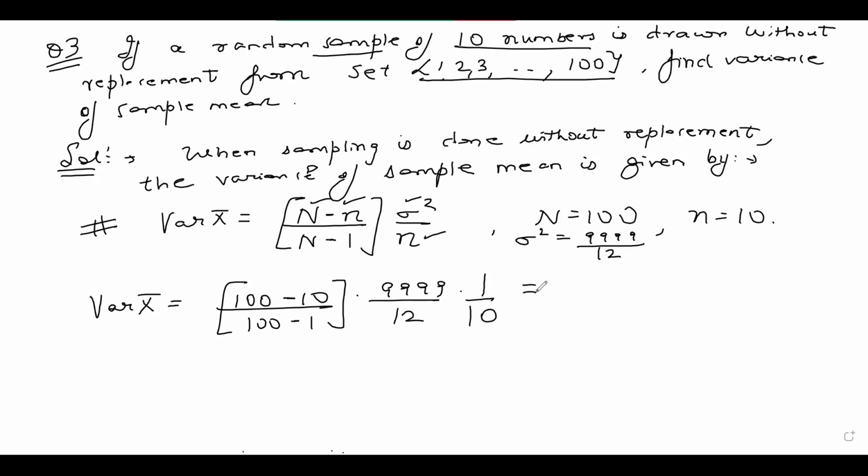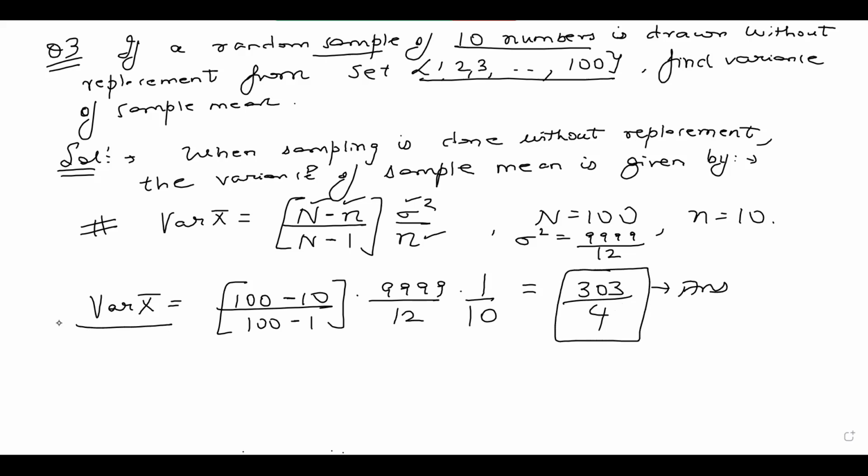Again, use your calculators and verify that the answer is 303 by 4. I've already solved it before, so I'm just writing the final answer. So variance of x bar is 303 by 4.